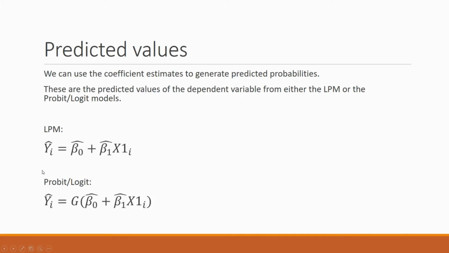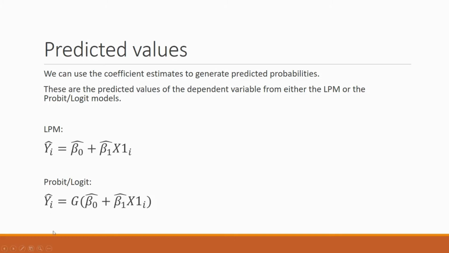What I've alluded to before is that with the linear probability model, this yi hat, this predicted probability, is not necessarily going to be between 0 and 1. In fact, sometimes it'll be less than 0, which doesn't make sense. You can't have a negative probability. And sometimes it'll be greater than 1, which again doesn't make sense. You can't have a probability greater than 1.